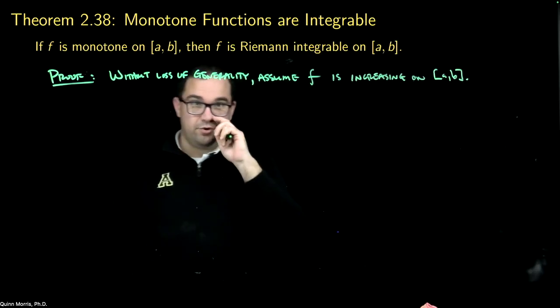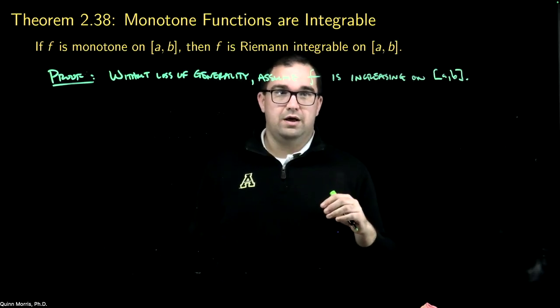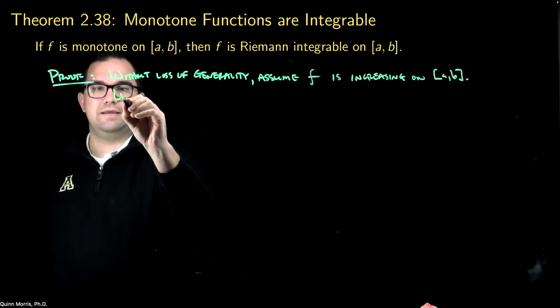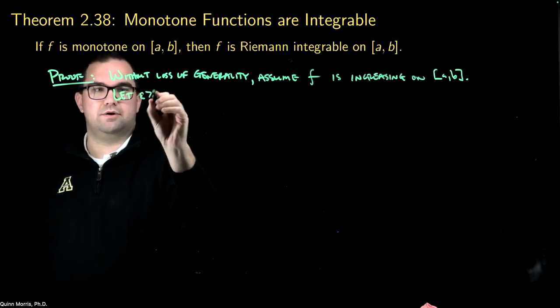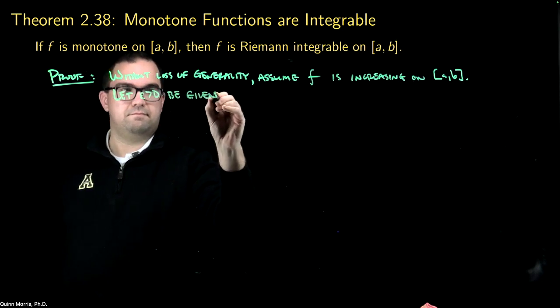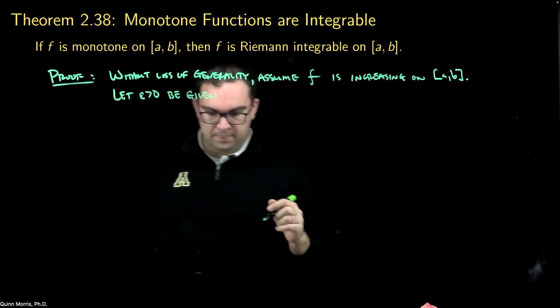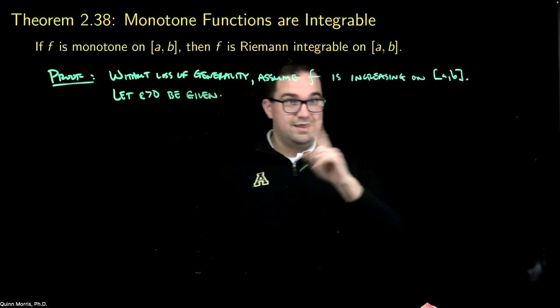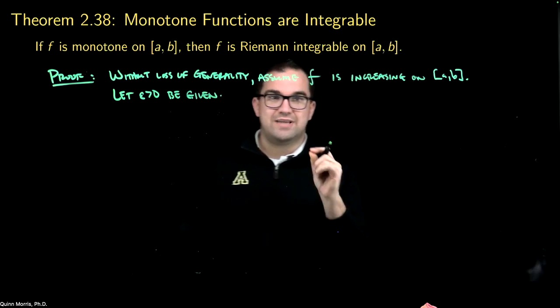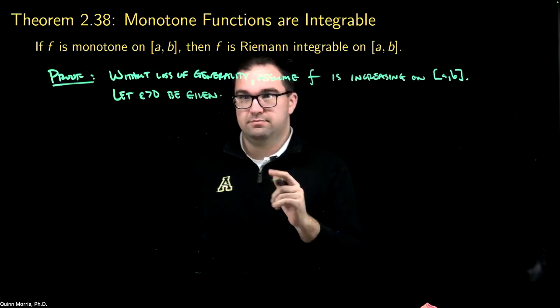All right, I want to show this is integrable. I'm going to use my alternate criteria for Riemann integrability. So I need an epsilon. So let epsilon greater than 0 be given. Now, similar to what we did with the x cubed example in the previous lecture, I'm going to choose a particular partition.